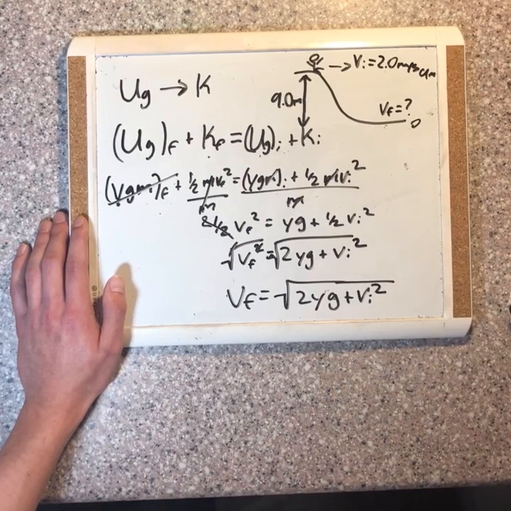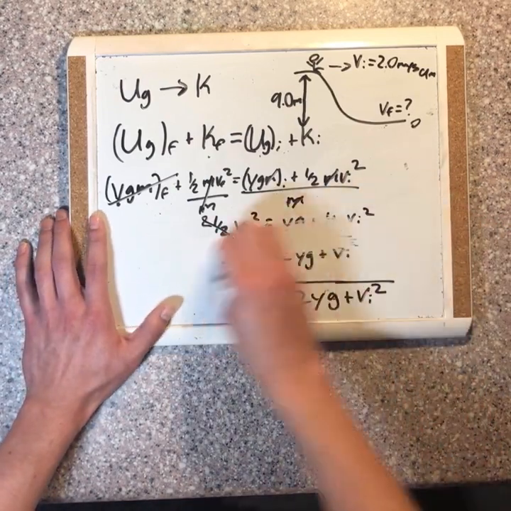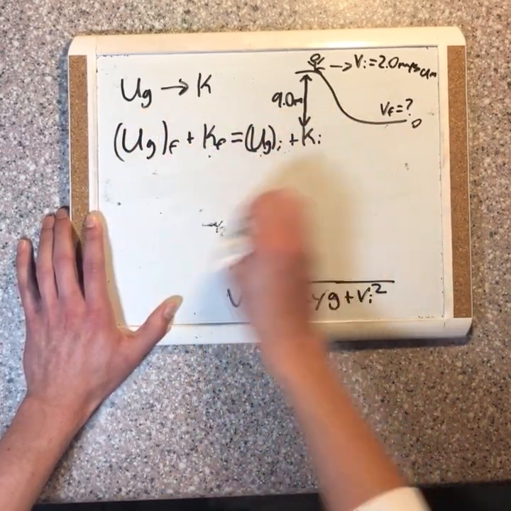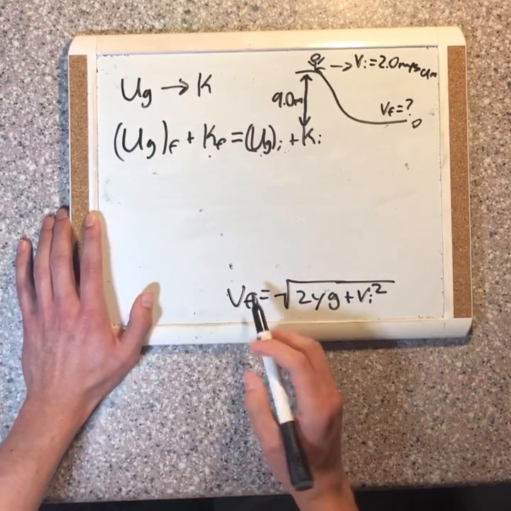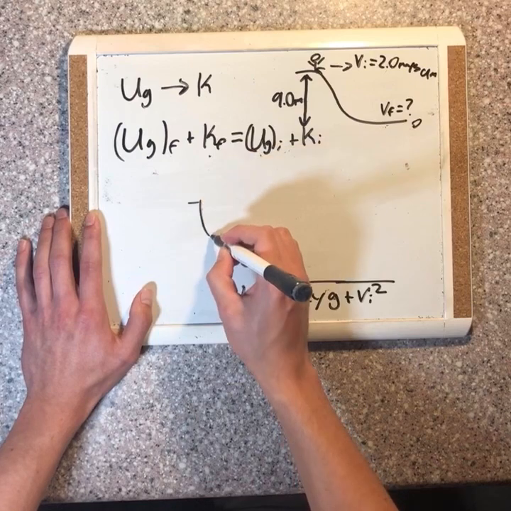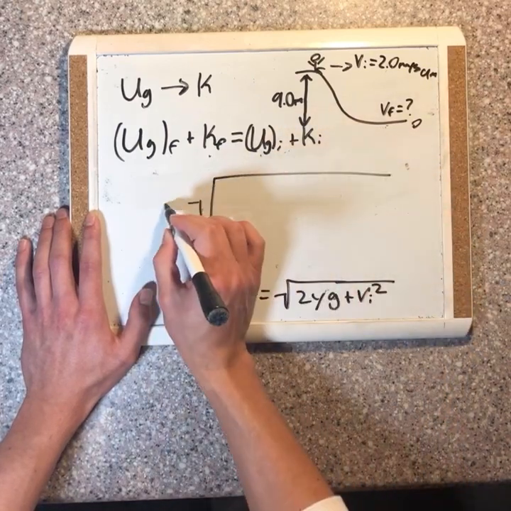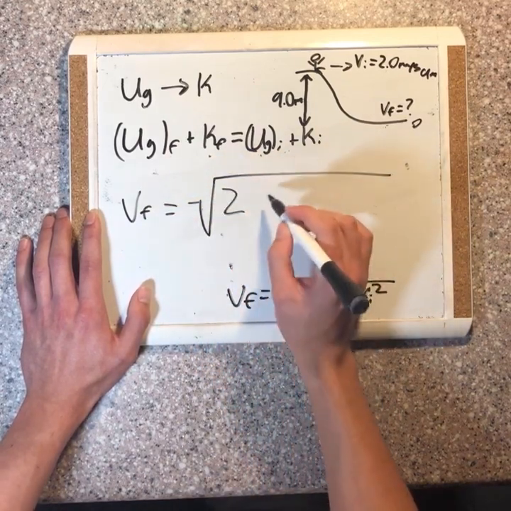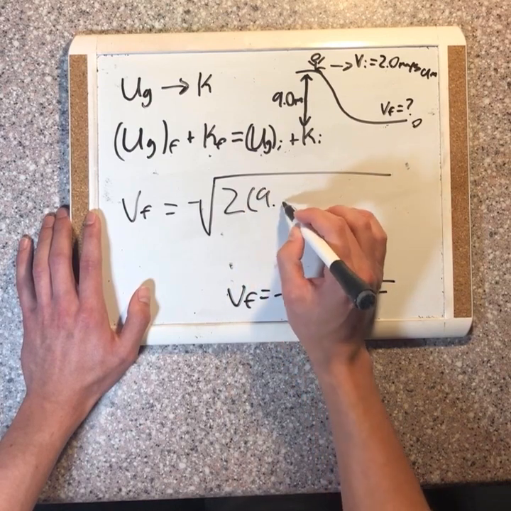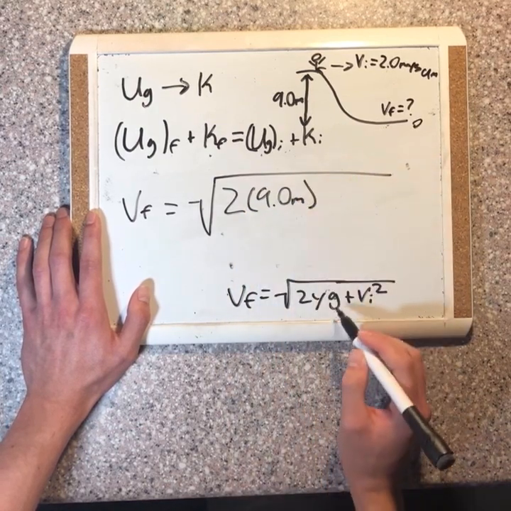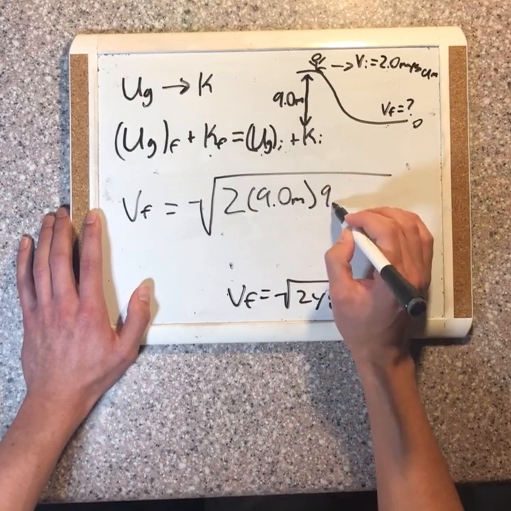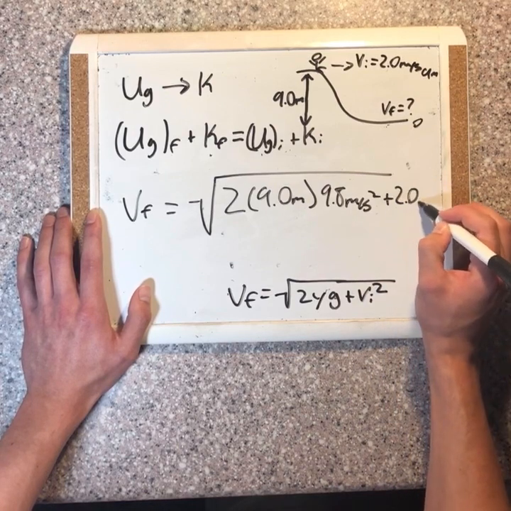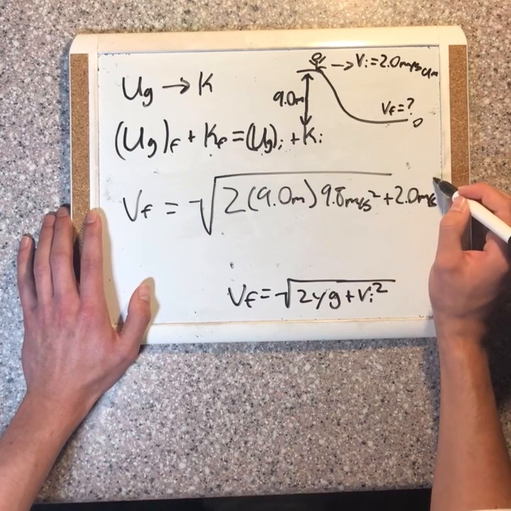All right. Now let's erase this and plug in our known values. We have the square root. We're looking for v final, and we need 2 times the height, which is 9.0 meters, times the acceleration due to gravity, 9.8 meters per second squared, plus 2.0 meters per second, the initial speed, squared.